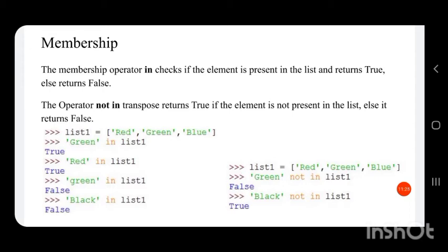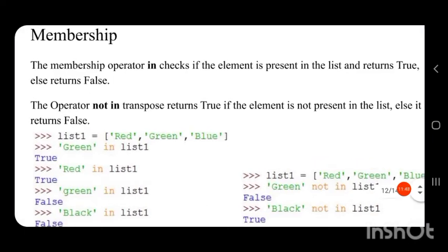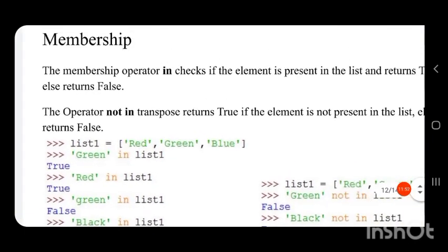And the operator not in, which is its opposite, returns true if the element is not present in the list, else it returns false. So we have membership operators called in and not in.